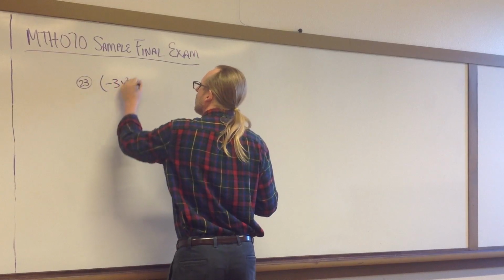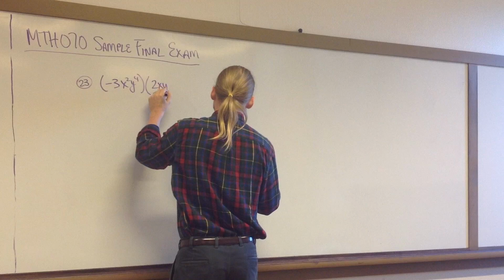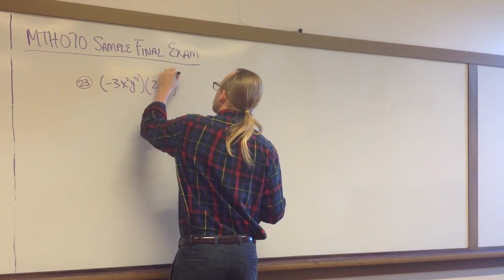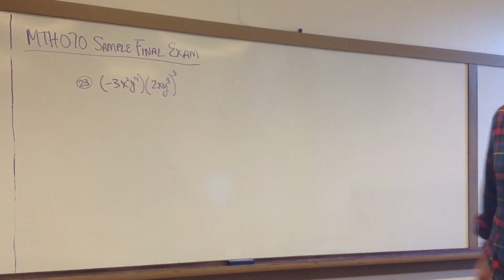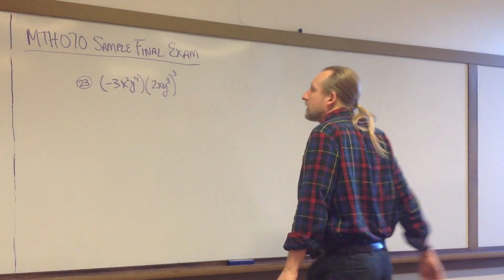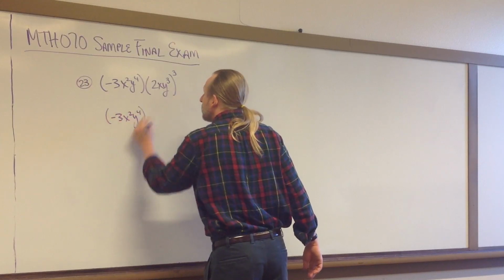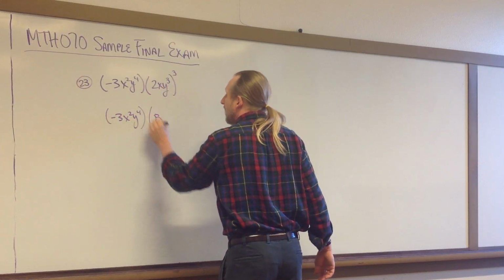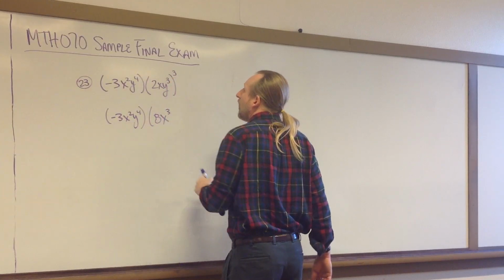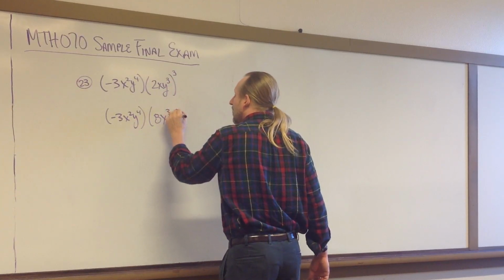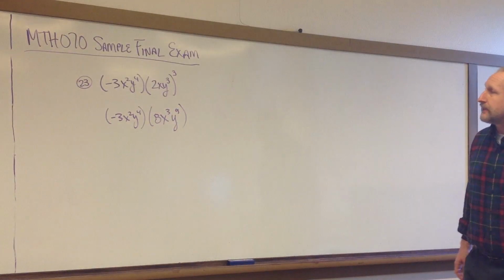X squared y to the 4th, and then 2xy to the 3rd cubed. So, this one is just going to stay the way that it is for right now. This one has to get raised to the 3rd power, so it's 2 to the 3rd, x to the 3rd, y cubed to the 3rd will be y to the 9th power, because we multiply the 3 times the 3.